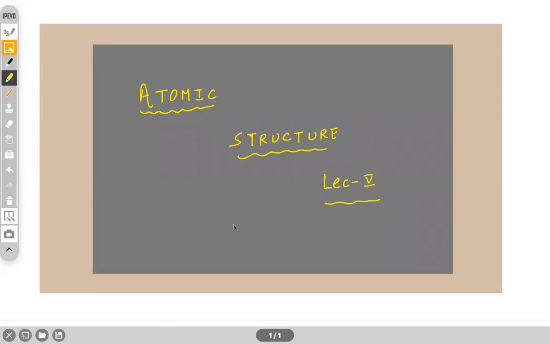So I think the last class we discussed electronic configuration. Hund's rule we have discussed, yes or no?